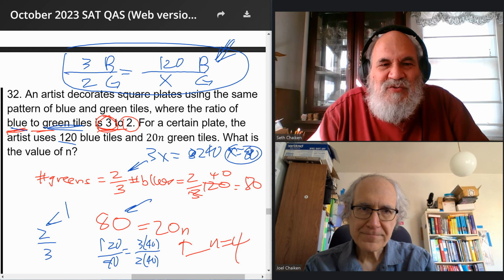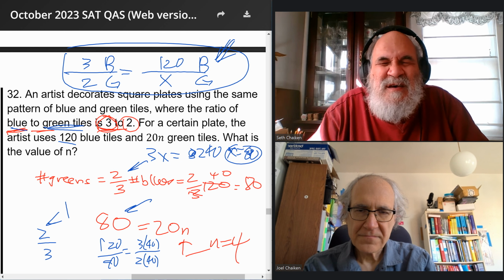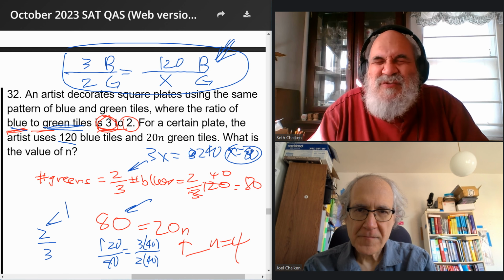The ratio of the number of blues to the number of greens is 3 to 2. You're told that you have 20n green tiles, which means that you have n bunches of 20 green tiles. Well, for each bunch of 20 green tiles, there's a bunch of 30 blue tiles.